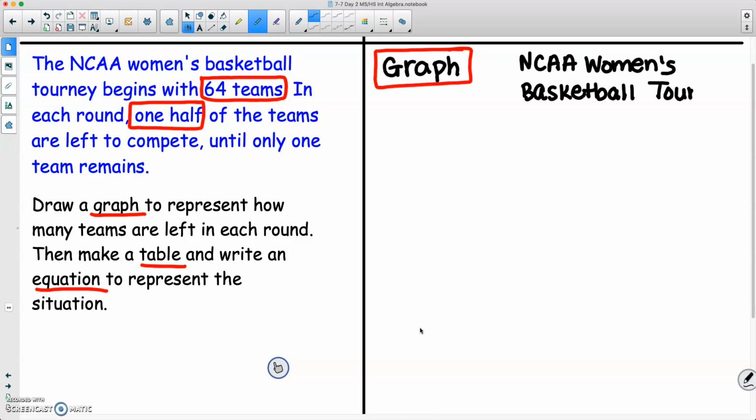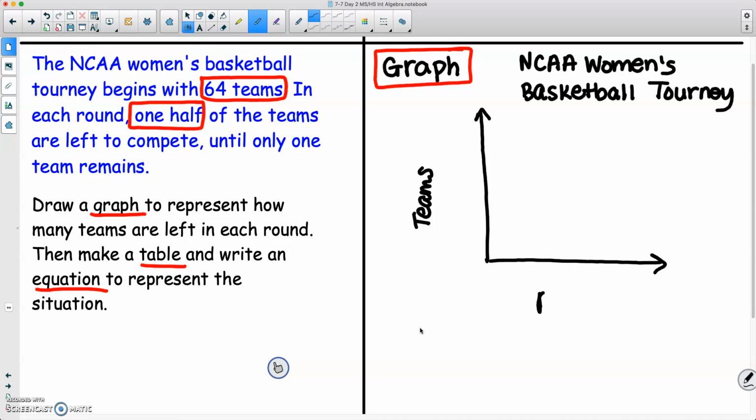And we're talking about the number of rounds and how many teams are remaining. Okay, so I have rounds 1, 2, 3, 4, 5, 6, 7, and teams.